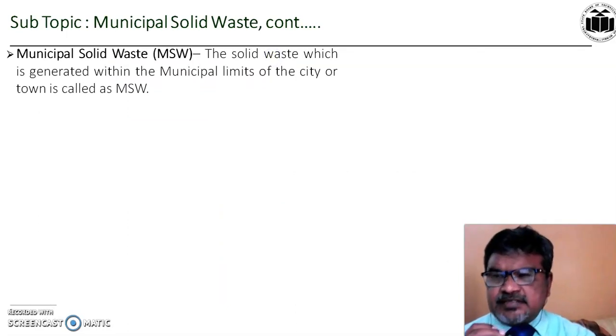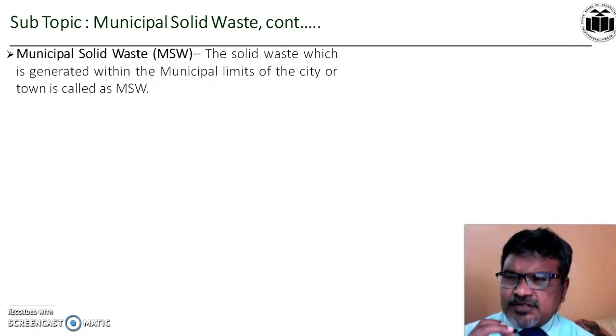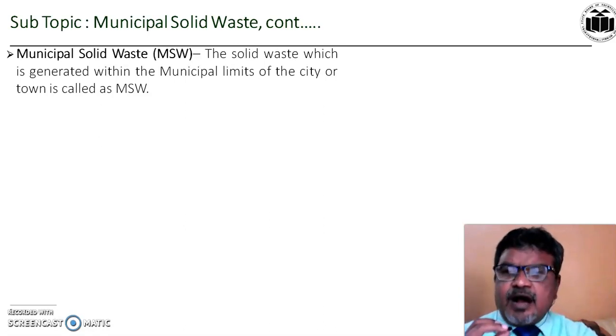After knowing solid waste, now we have to study municipal solid waste. The municipal solid waste is defined as the solid waste which is generated within the municipal limit of a town or a city.